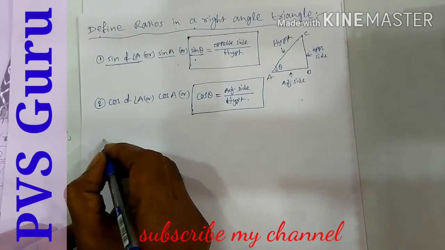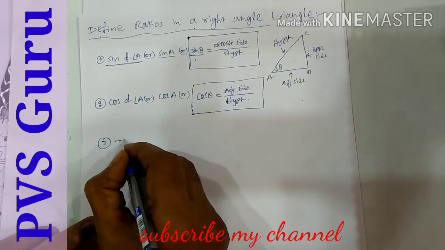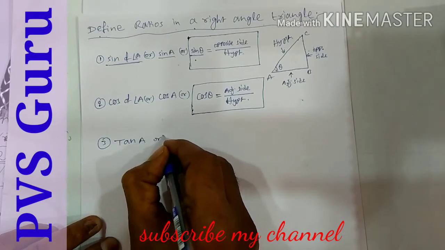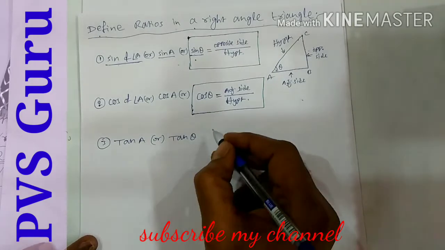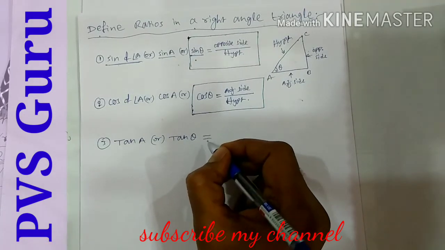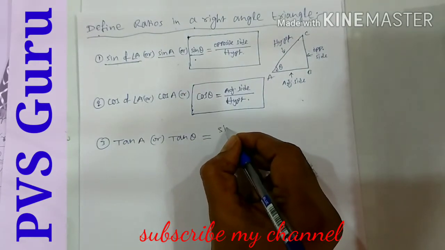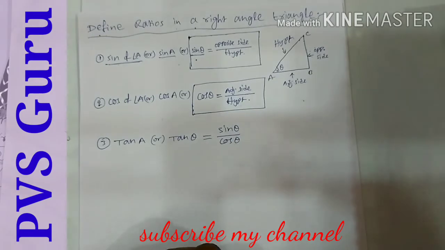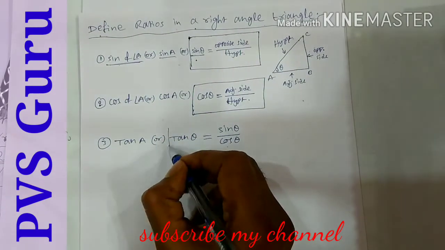Now the third one, tan A or tan theta. Tan theta means first by second, that is sin theta by cos theta. Sin by cos, this is the tan formula.